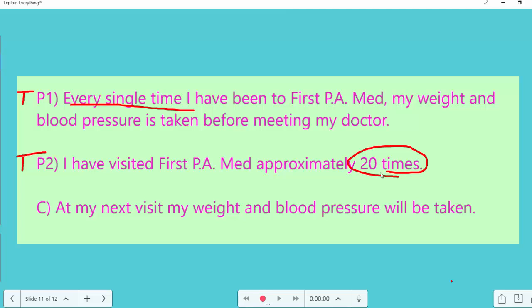So if for every single time that I've gone, I've had my weight and blood pressure taken, very likely the next time my blood pressure and weight will also be taken. So surely there's a greater than 50% chance that the conclusion will turn out to be true, given premise 1 and premise 2.